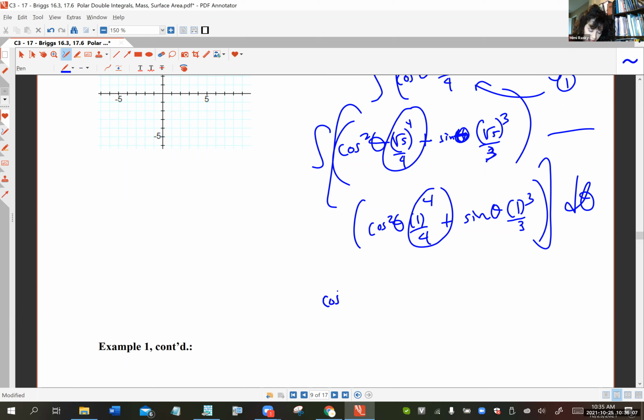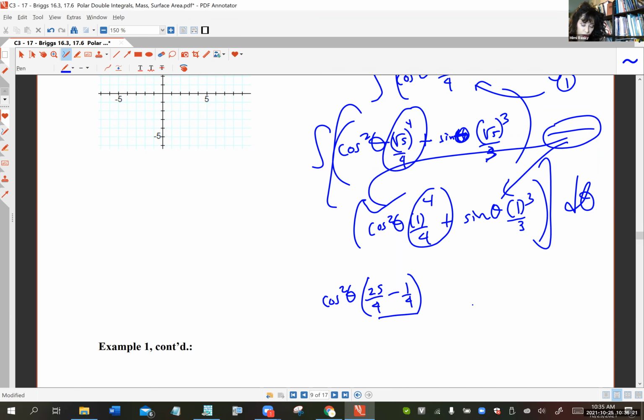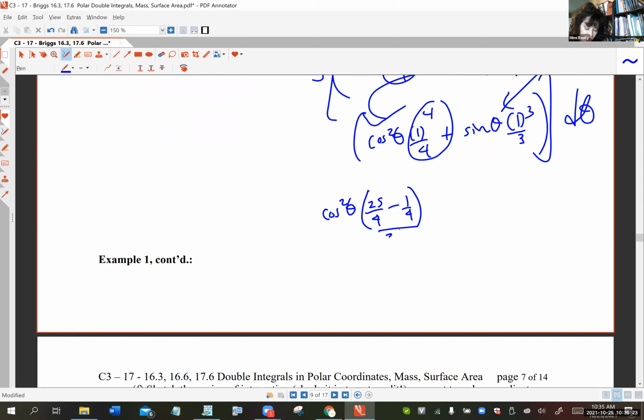So if you combine the cos squared terms together, I factor out the cos squared, and also distribute this minus, don't forget. You're going to have 25/4 minus 1/4, but that's 24/4. But that reduces to a 6. Oh, good news.